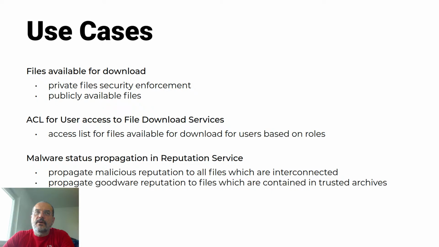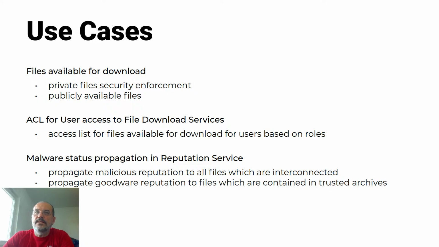Some of those files are just for some customers, so they are private files, and there should be security enforcement in those downloads, and the others are publicly available, so they can be exchanged in the community or with our partners and users.